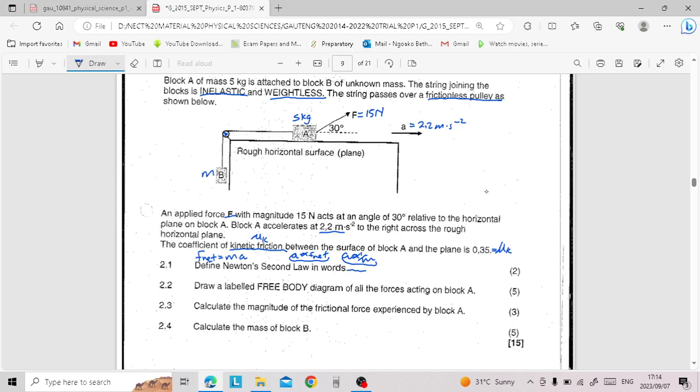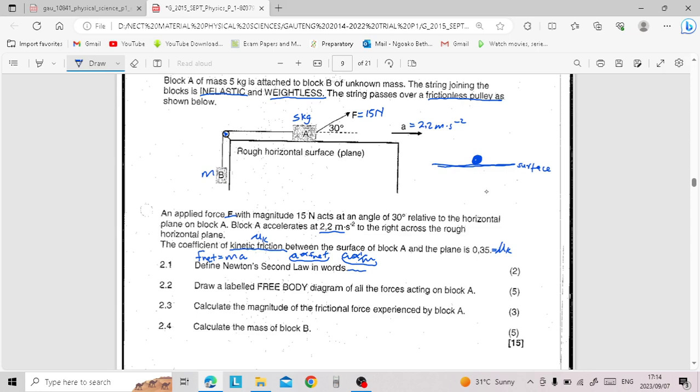Draw a labeled free-body diagram of all the forces acting on block A. Here's block A, so we need all the forces acting on block A. Let's show block A by a dot. Now the surface, this is the surface, which is horizontal.